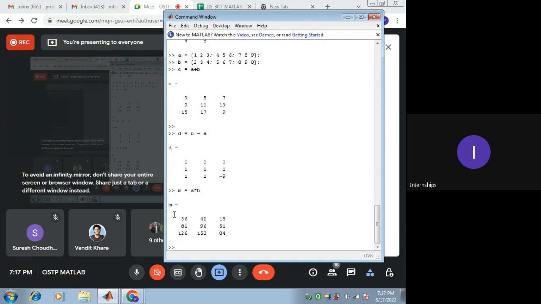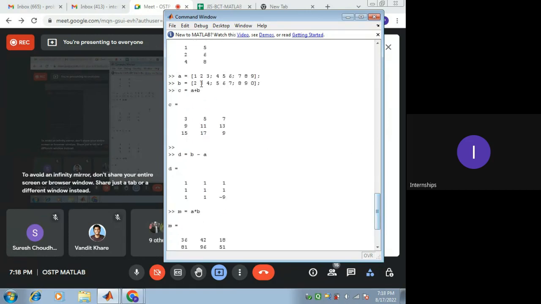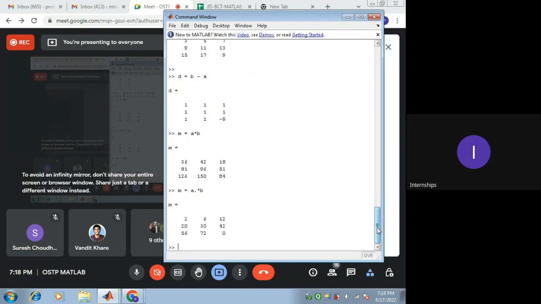But in case of element to element multiplication, everything will be the same, A dot star B. This is element wise multiplication. That means 1, 2, 2, 3, 6 in this way, element-wise multiplication.